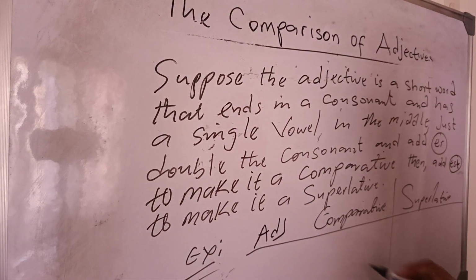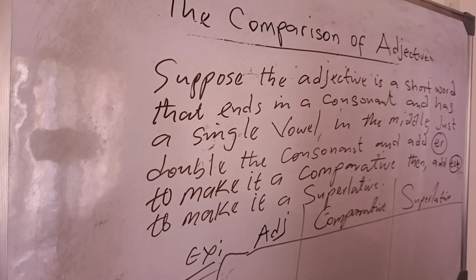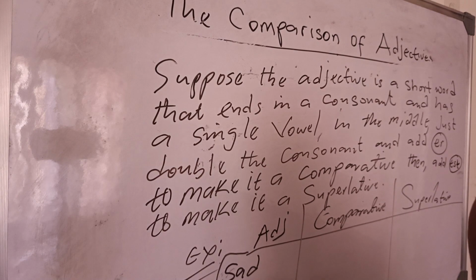Let's make a short example on this. We have a short adjective. So for example, sad, and big.